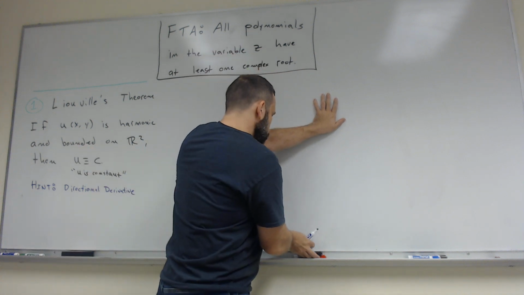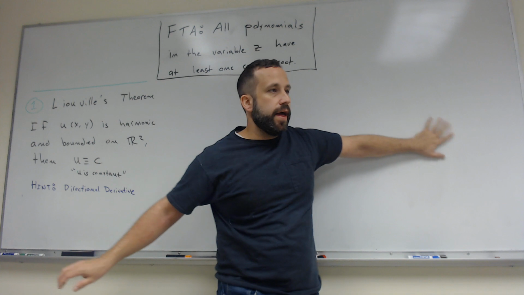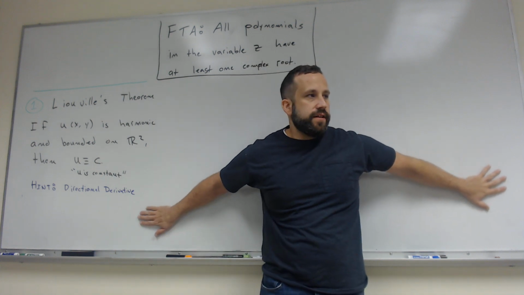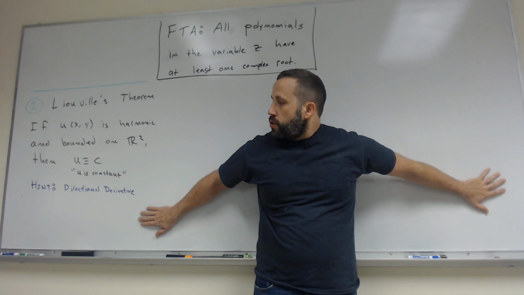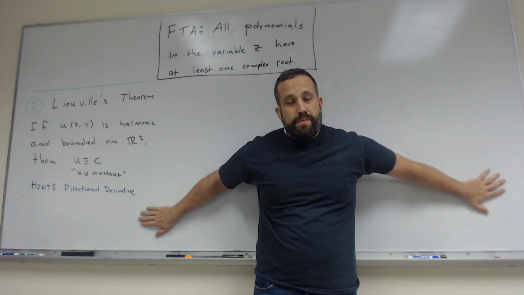Okay, so now I'm going to do two hands on the board and give you a little more of a hint if you want to know. And when I take both of my hands off, then I'm going to be done. So how can you show the directional derivative is bounded?